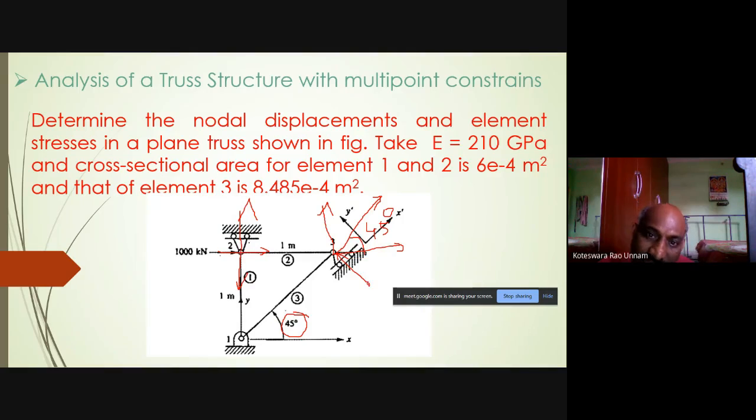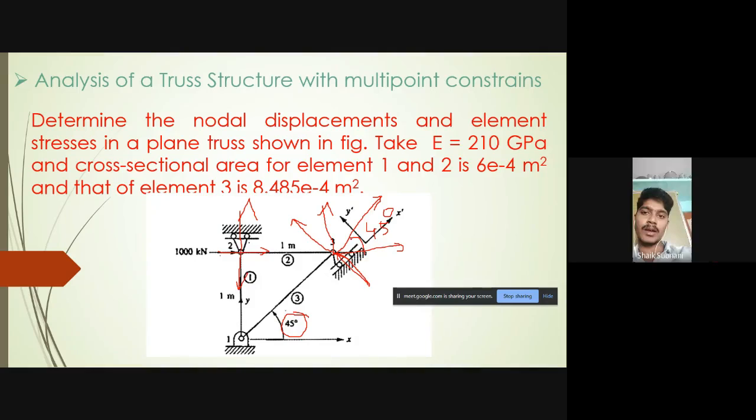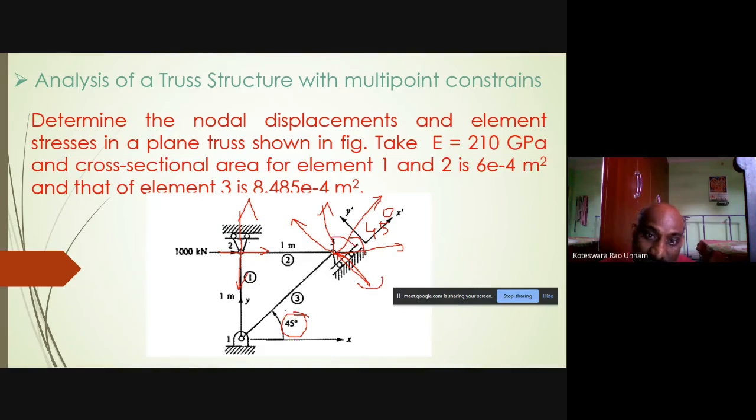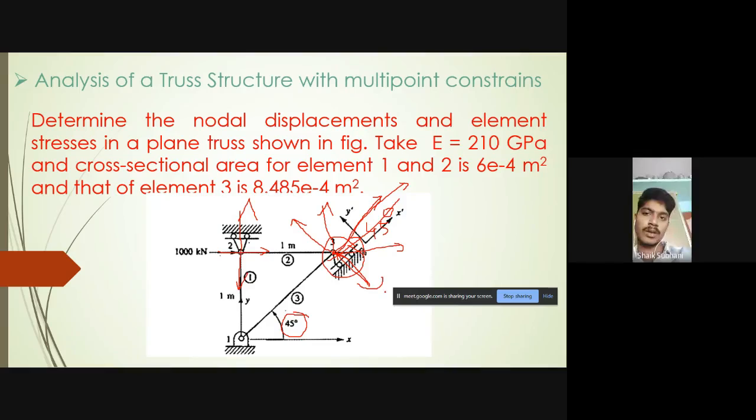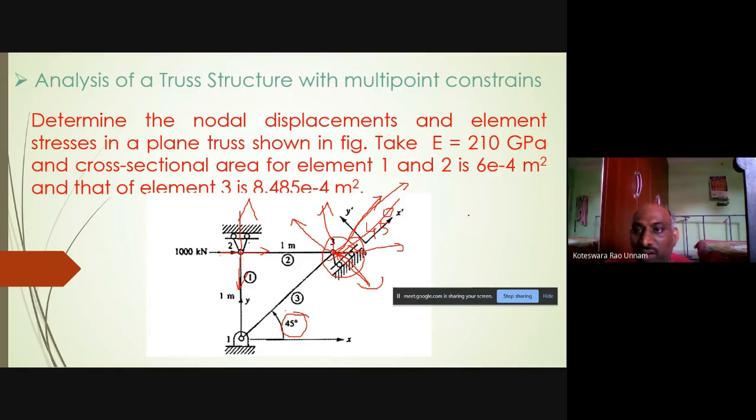So is this the perpendicular direction or the parallel direction? Parallel direction, sir. Only displacement is allowed in this direction, right? Yes, sir. It is not allowed in this direction. Not allowed means what is the value? 0.